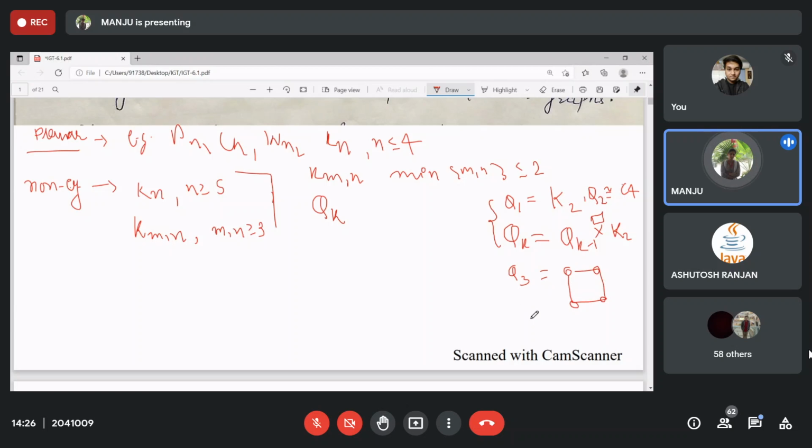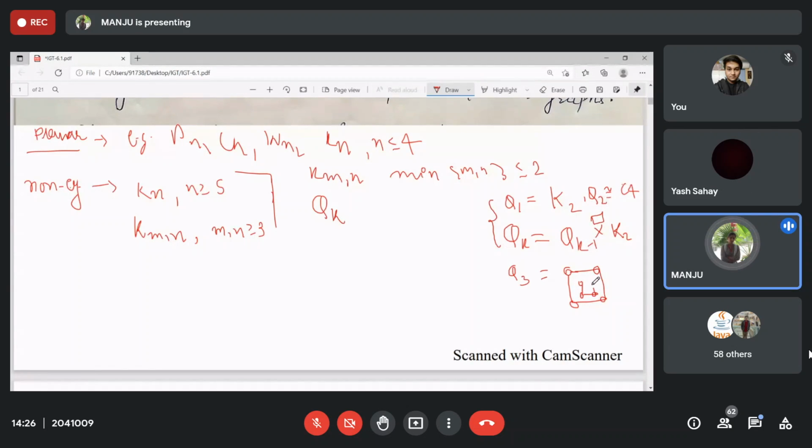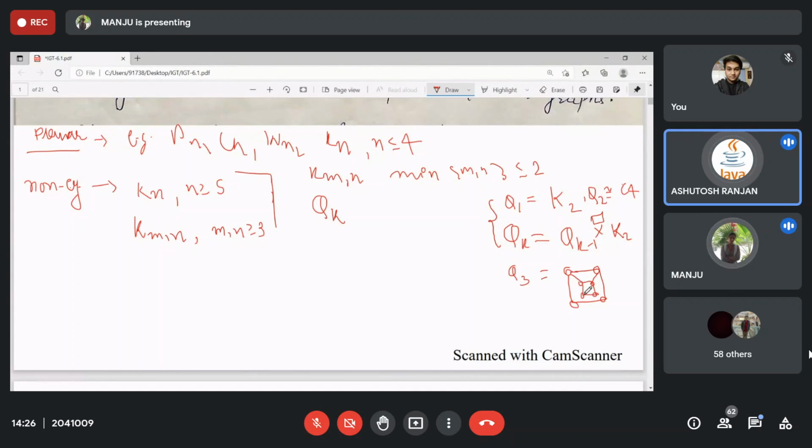You have this square and here another one inside it, smaller than that, and you join the vertices. That is your planar drawing. What about Q4?